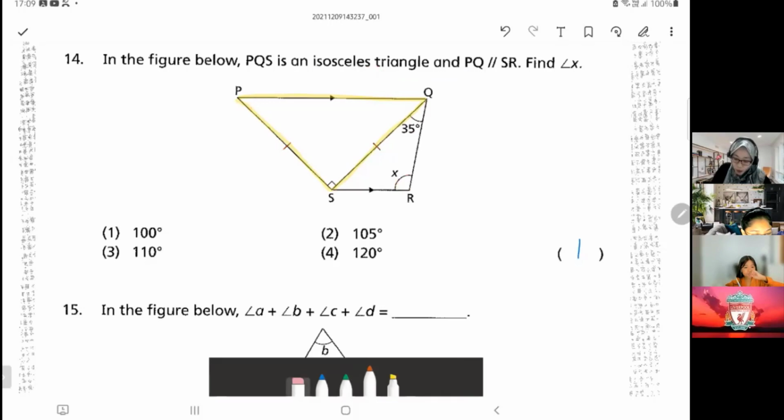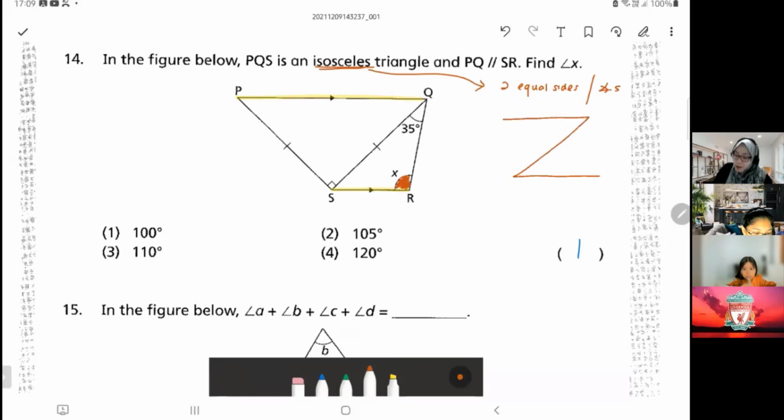All right, so I'm going to erase the yellow color lines here. Now we focus on where are the parallel lines. PQ is parallel to SR. So if you have parallel lines, there are some rules that apply. Find angle X. If you have parallel lines like that, we can do the Z rule.